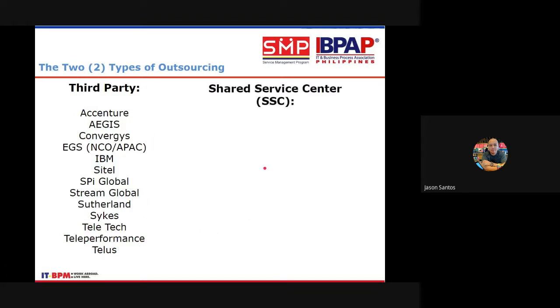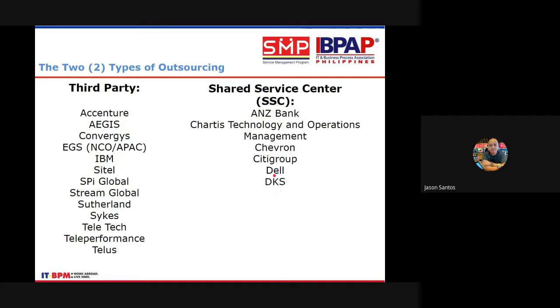On the other hand, we have examples of shared service centers like ANZ Bank, Chartis Technology and Operations, Chevron, Citigroup, Dell, DKS, HP, HSBC, JP Morgan, Maersk, Manulife, and Shell Shared Services Asia. So, to put it simply, these shared service centers are dedicated.